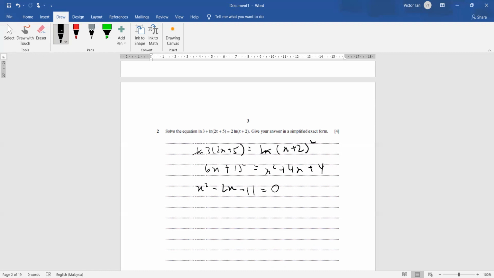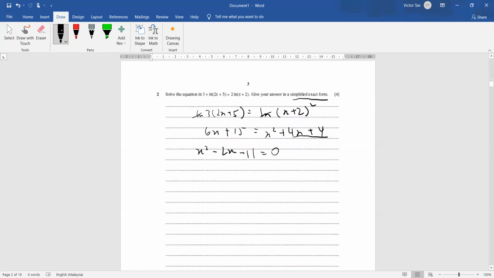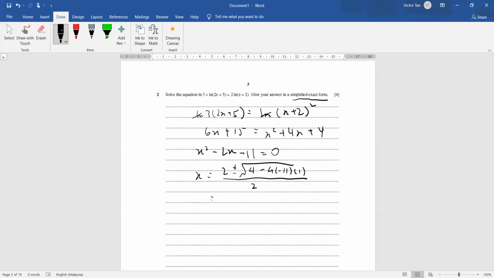Now they want it in simplified exact form, so you have to use the quadratic formula. So we have 2 plus minus the square root of b squared minus 4ac, which is 4 plus 44, which is 48, over 2.